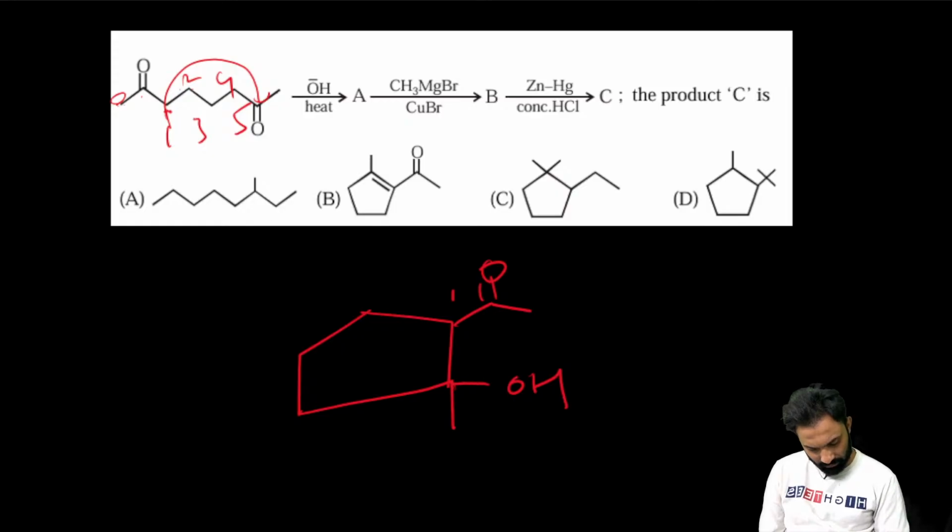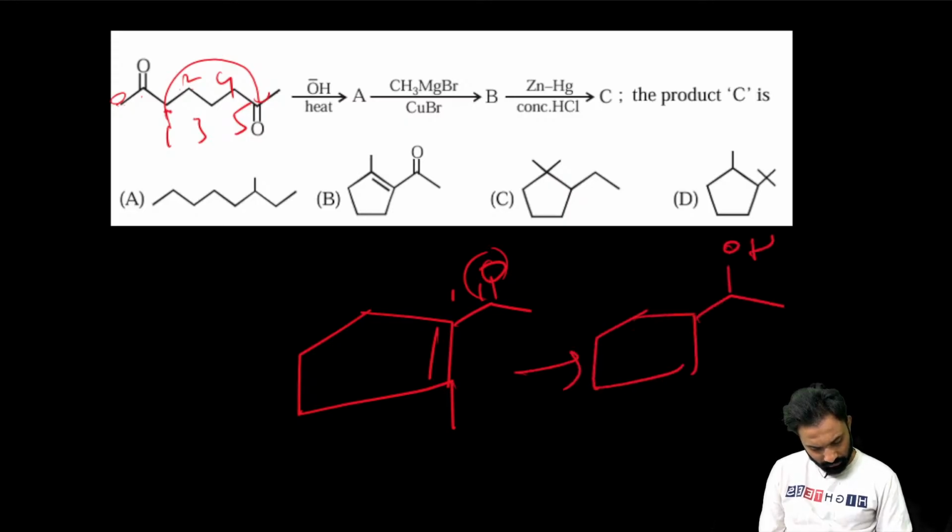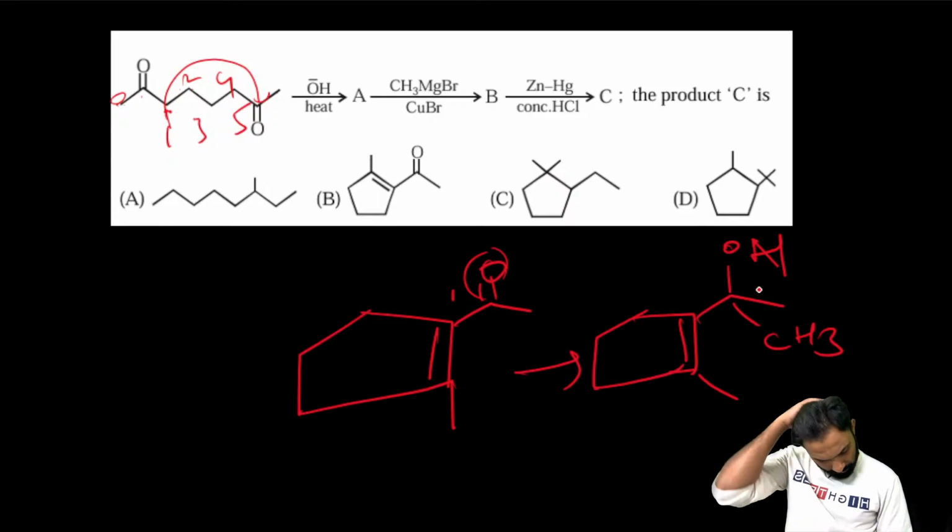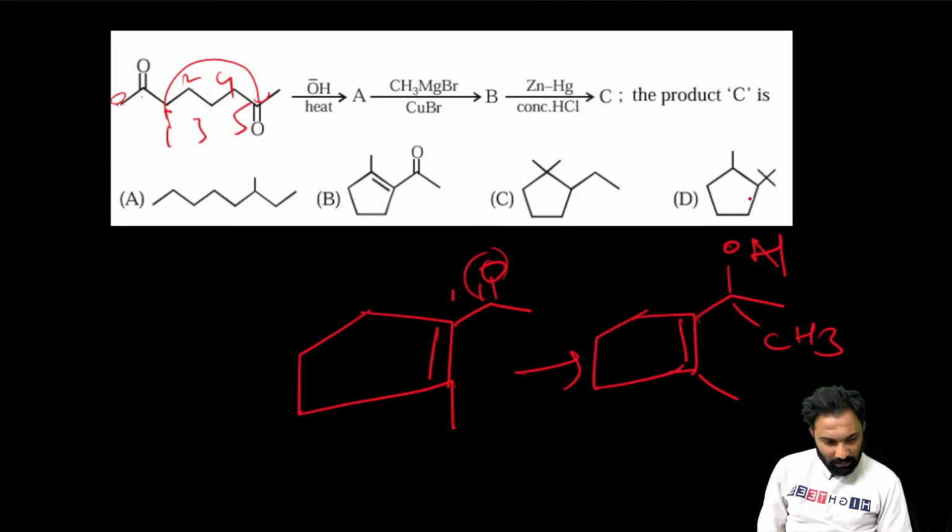Here you will get the ketone. Then upon methyl magnesium bromide it will be converted into alcohol, and here it is CH3. Then after that, here it should be the Br. Answer should be D, right?